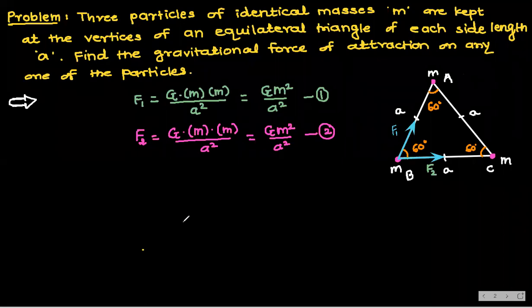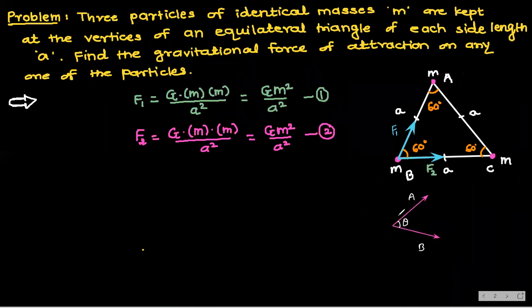Now one formula I want to give you. Listen here. Suppose you are having two vectors like this. This is A and this is B vector, and the angle between them is theta.